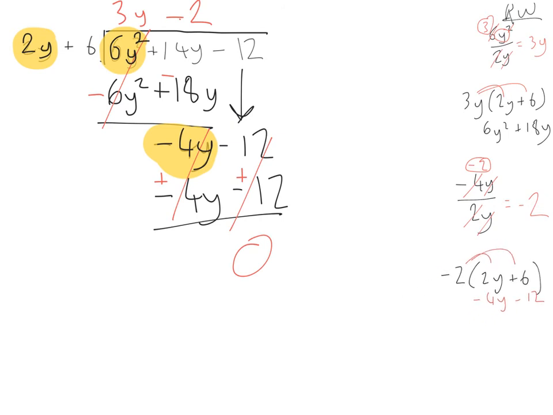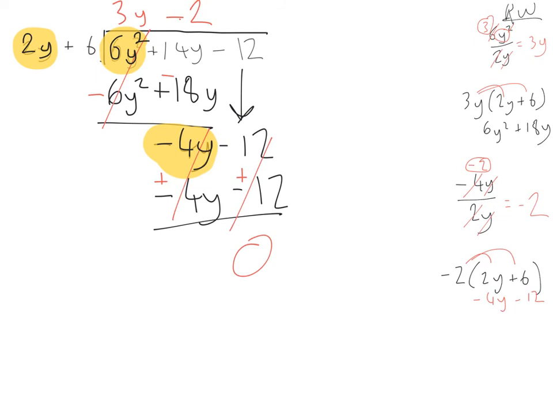Okay. And if we think back to our previous example, we multiplied out 2y plus 6 by 3y minus 2, and we got 6y squared plus 14y minus 12, which is why when we divided 6y squared plus 14y minus 12 by 2y plus 6, we got 3y minus 2 back out.